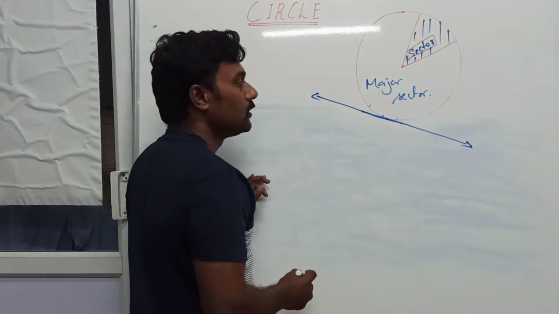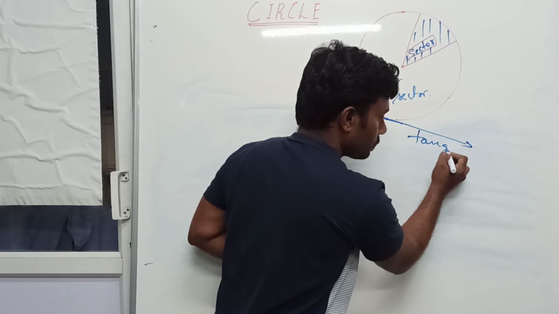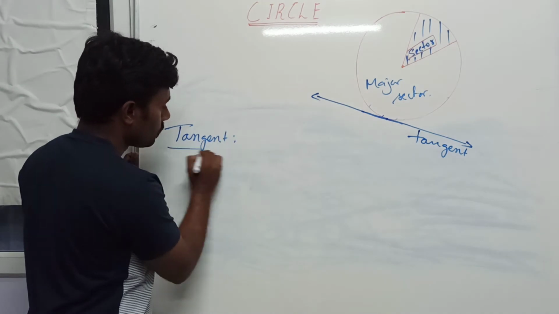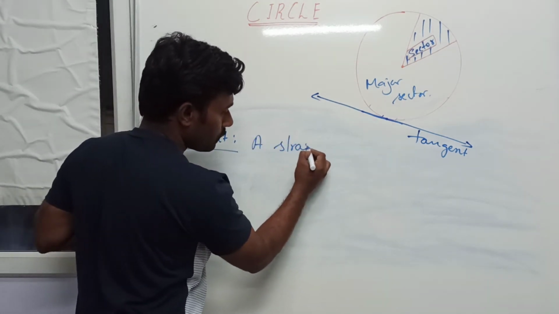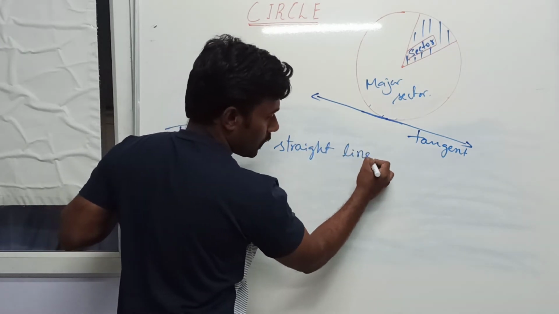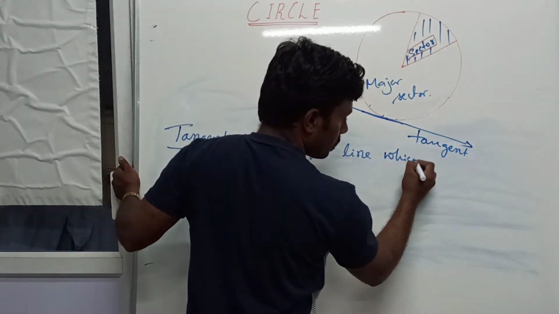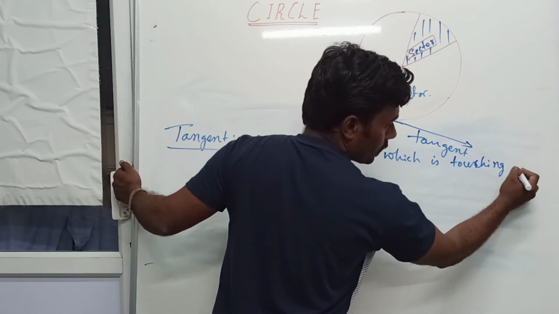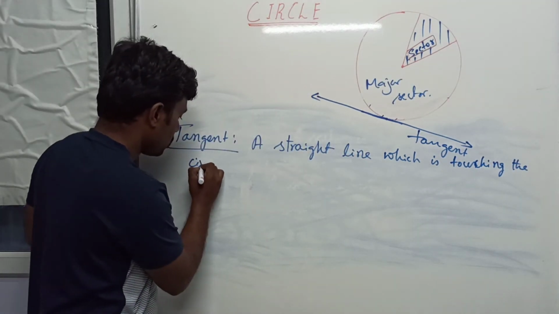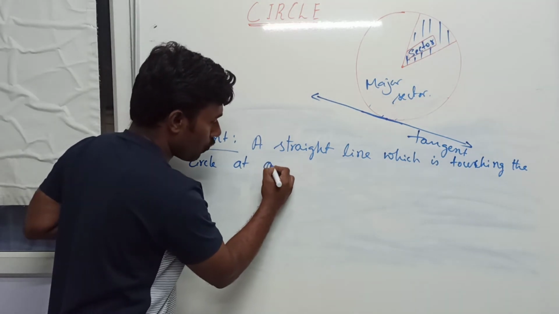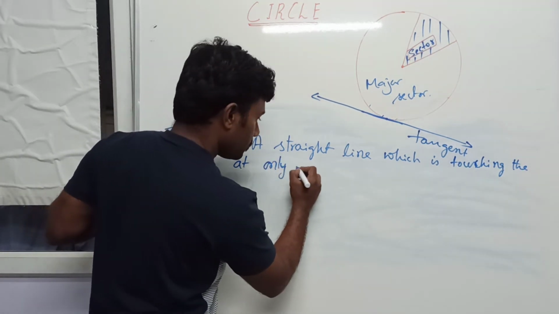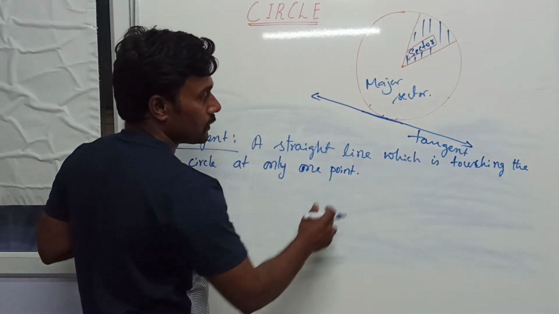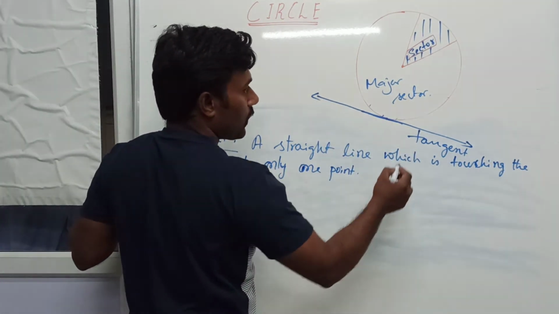Then the line is called a tangent. A tangent is a straight line touching the circle at only one point.